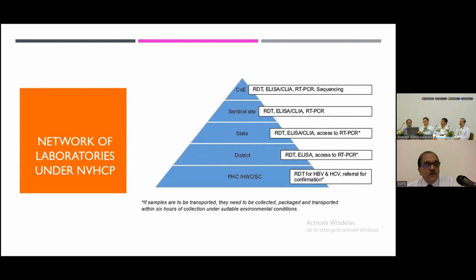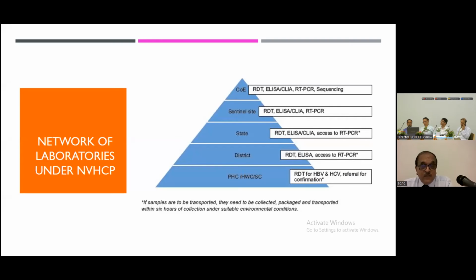This is the network of the laboratories under the National Viral Hepatitis Control Program. If you see at the top of the pyramid, that is the center of excellence. They have the capacity to do everything, including genotyping and sequencing. RT-PCR, that is the nucleic acid test, is also available, besides others.